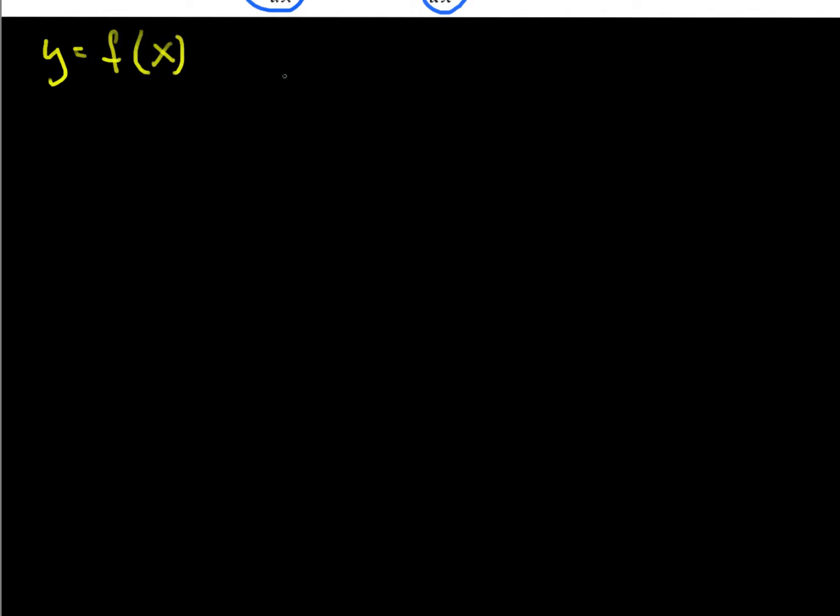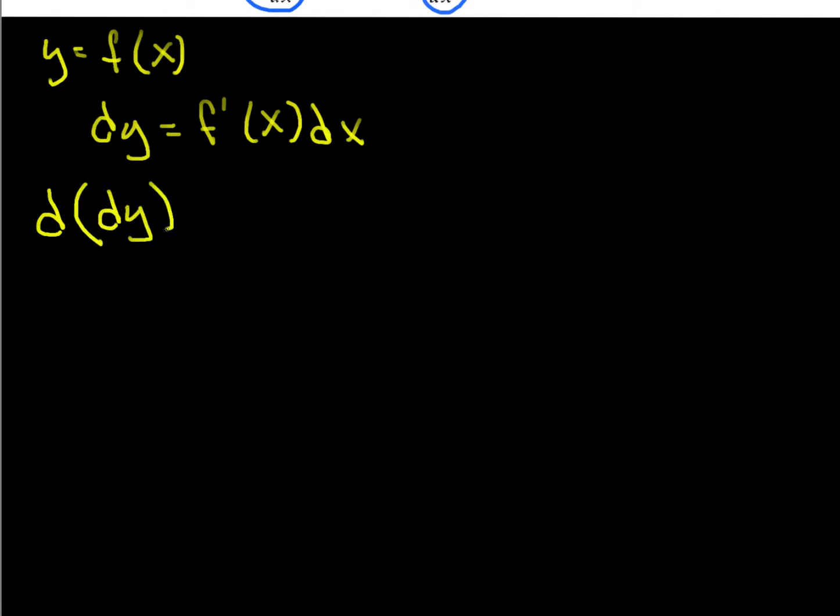Then we know that dy, by definition, is the derivative of f times dx. And so the differential of the differential of y would be the differential of f prime of x dx.